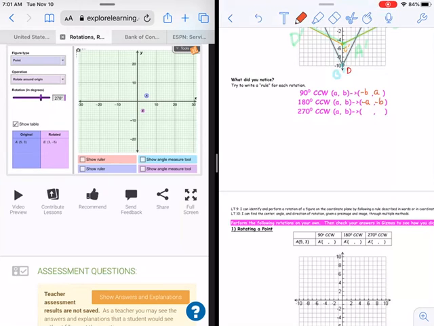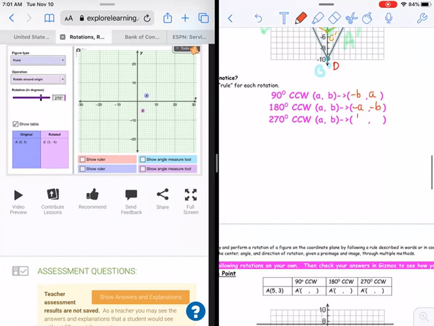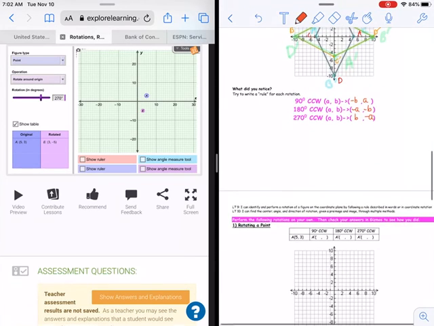But notice how B comes out in front, but it's now positive, and A goes in the back, but now it's negative. All right, so that's just for the counterclockwise ones, and there's rules for clockwise. I just think it's messy. I say just do the rotations, don't worry about the rules. But some students just like to memorize them, and that's how they learn it. I want you aware of the rules just to know that they exist.